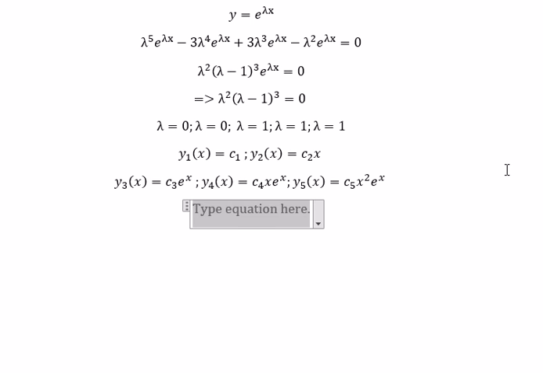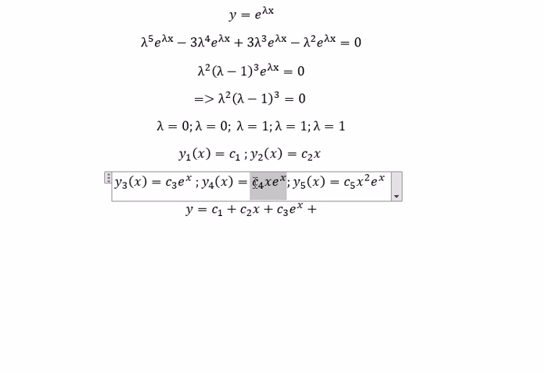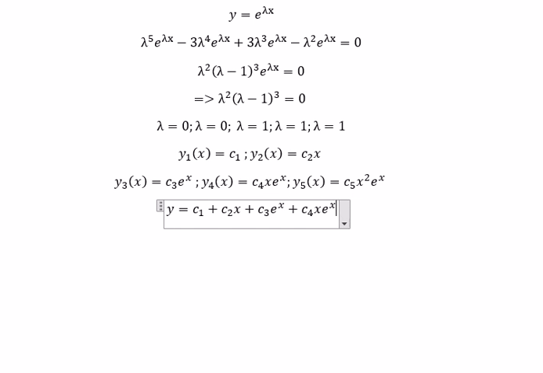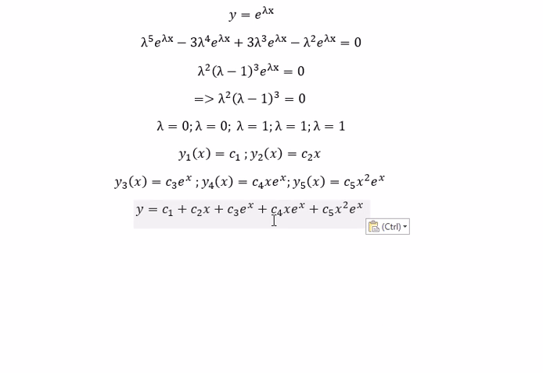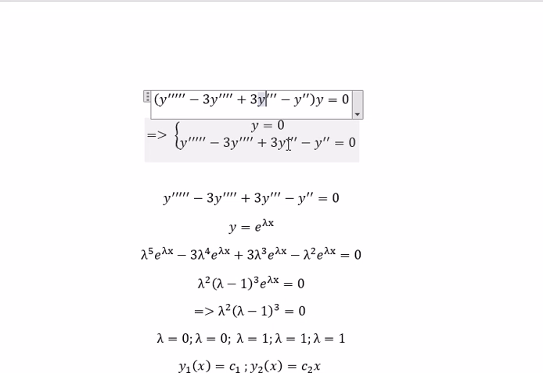That should be y equals to this one plus this one plus this one. And this is the answer in here combined with this one in here.